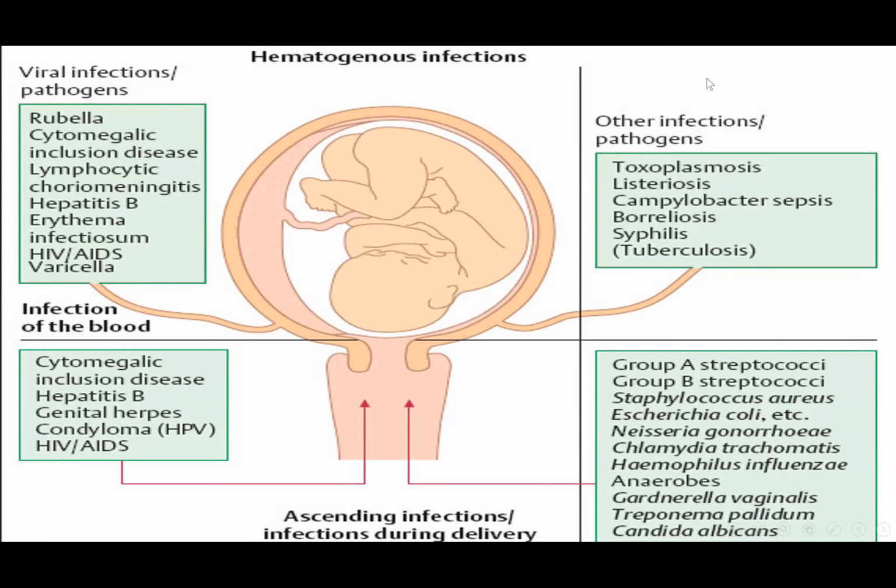There are other infections like Toxoplasma and Listeria. So the baby can be infected from many sites, and you must be able to get a detailed history. Where is the site of the infection? From where could this baby have gotten it, and what is the suspected infection? Is it bacterial, viral, fungal, or other?